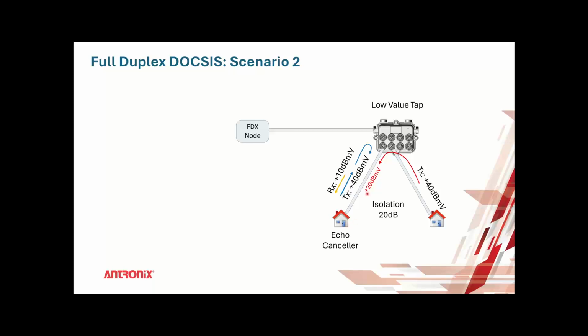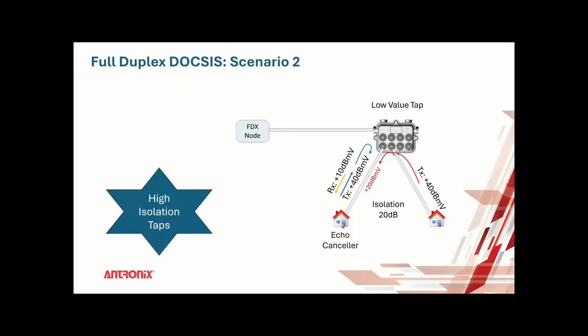This 20 dBmV is higher than your actual receive signal coming down and will cause this home to be interfered with by the cable modem in the adjacent home, because the echo canceller can't cancel an adjacent home's cable modem. I can only cancel my own signal.